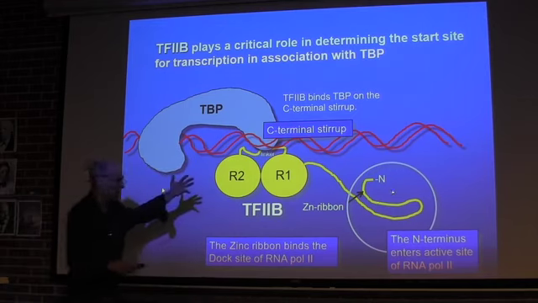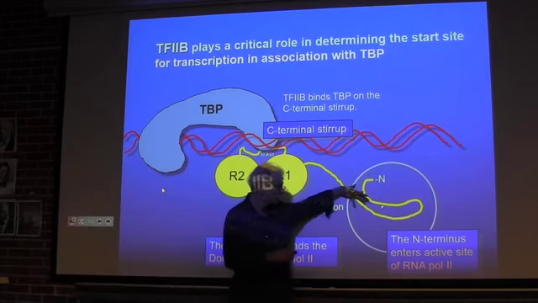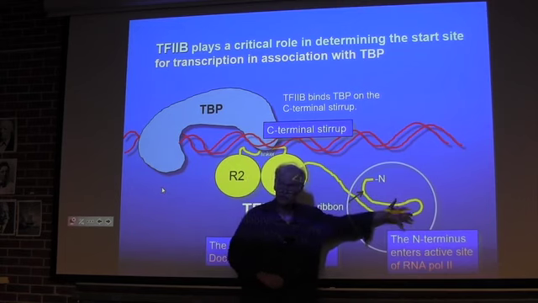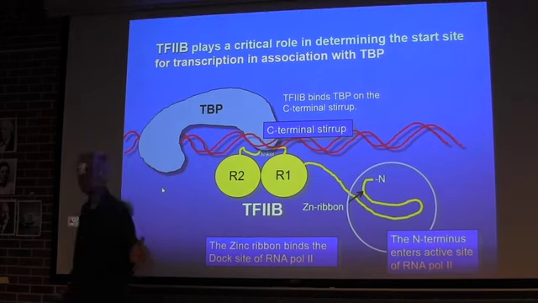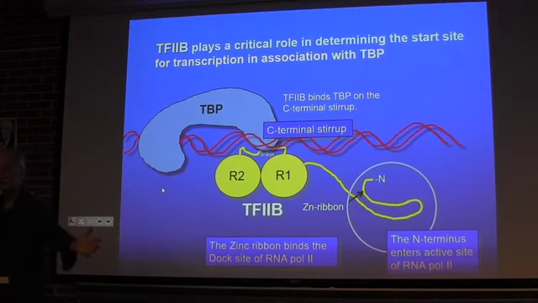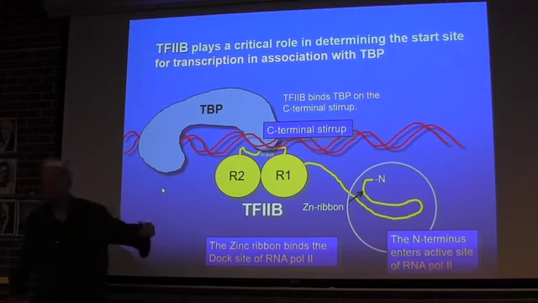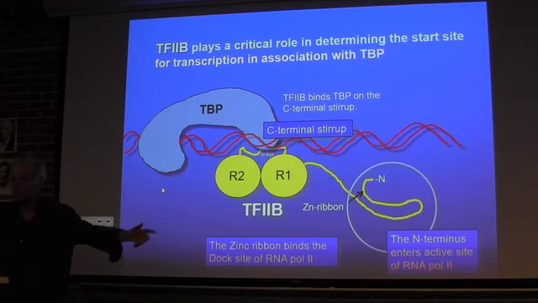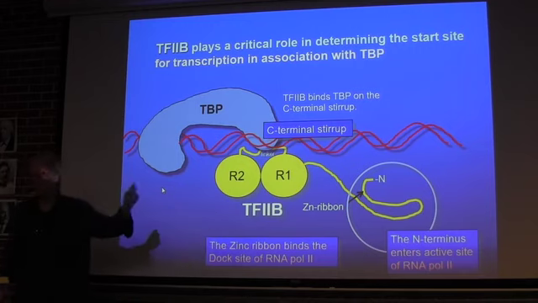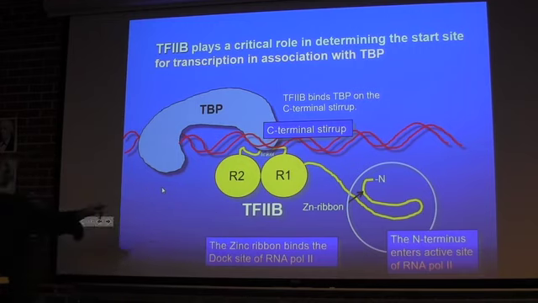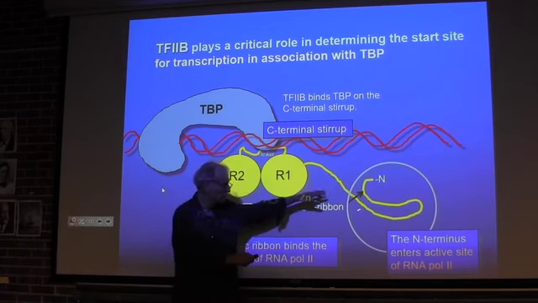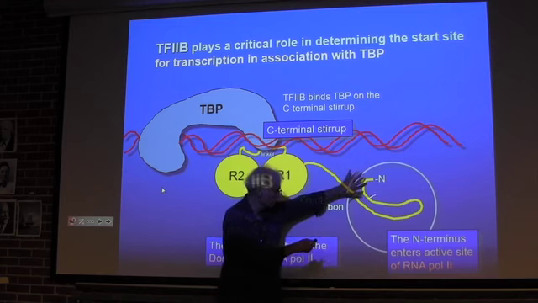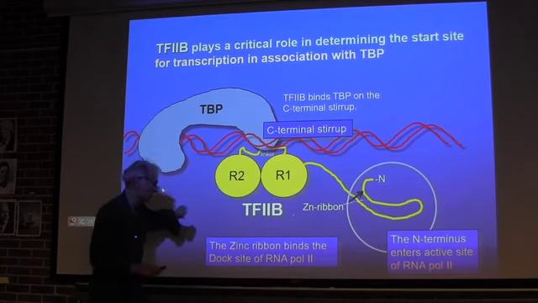And this B finger actually inserts into the interior of RNA polymerase. This is that magical 3.2 domain that interacts with the 5' terminus of the nascent transcript. This was called the B finger. Now we know much more detail of its structure, and the B finger is not appropriate anymore.